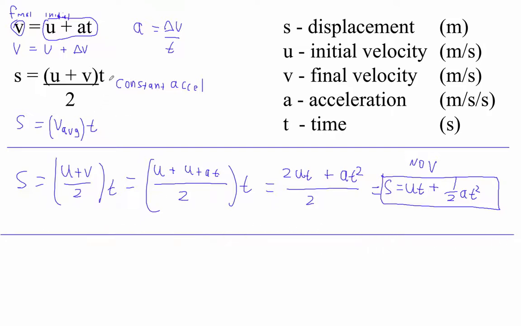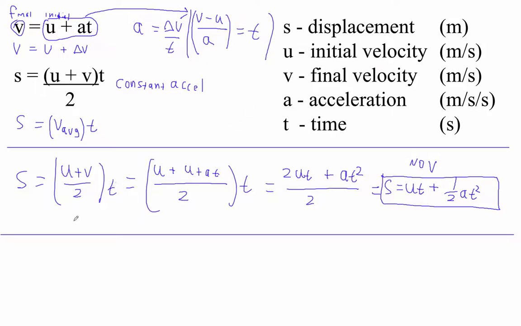And then let me show you how to get the other one. I'm going to show you how to get no t. I think what I'll do is I'll take this formula and solve it for t, right? So t is going to be, if I solve this for t, v minus u, and then that's divided by a. Okay, so (v minus u) over a is t.